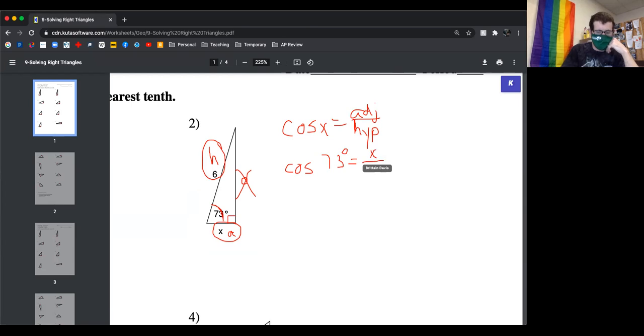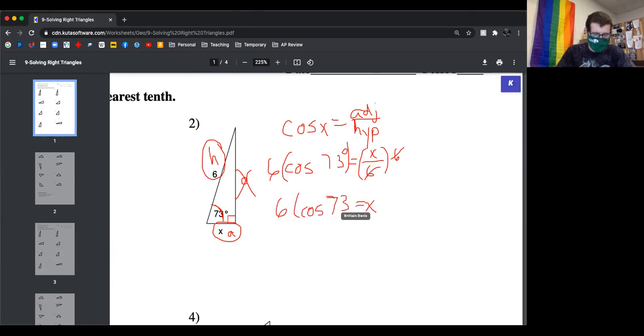What's my hypotenuse? 6. There it is. So now we just want to get rid of the denominator, which is 6. And when that cancels out, I've got my answer. 6 times the cosine of 73. And I can multiply that out using the calculator.